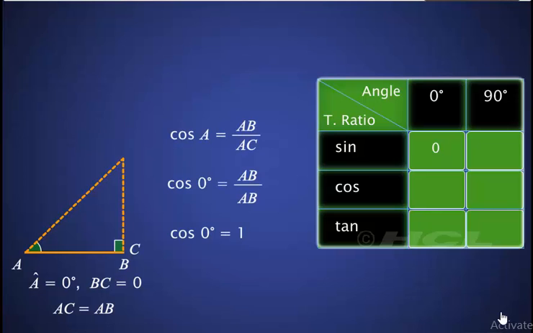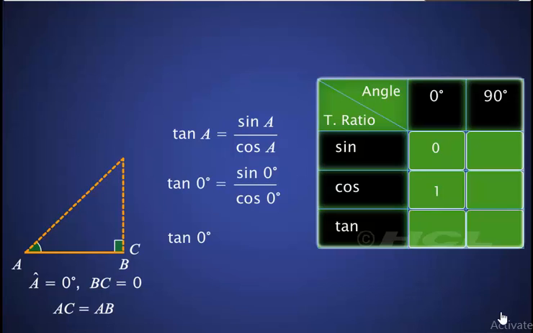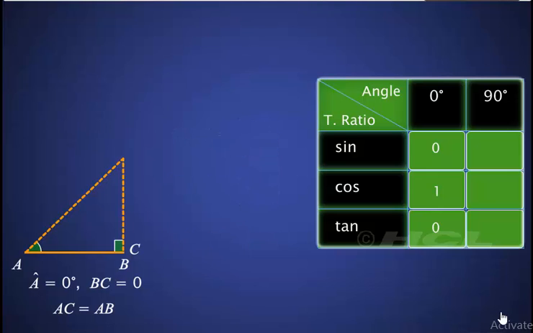Correspondingly, the value of cosine 0 degrees is equal to 1. Since tan A is equal to sine A over cos A, the value of tan 0 degrees is equal to 0 over 1, that is, 0. Thus, we get the values of all trigonometric ratios for the angle 0 degrees.